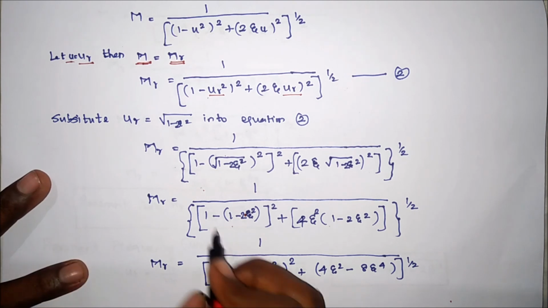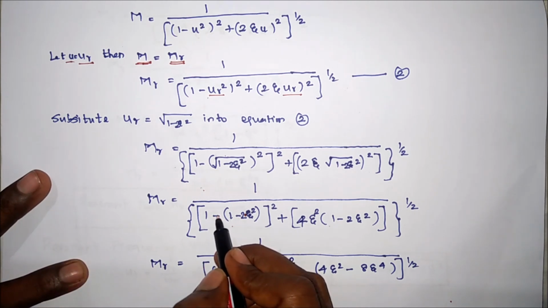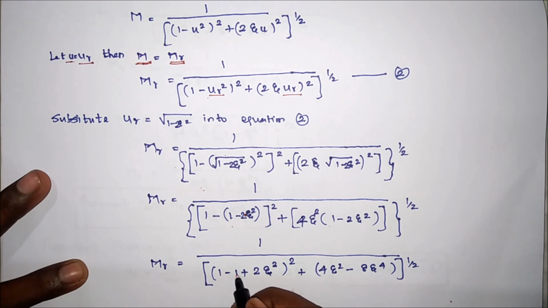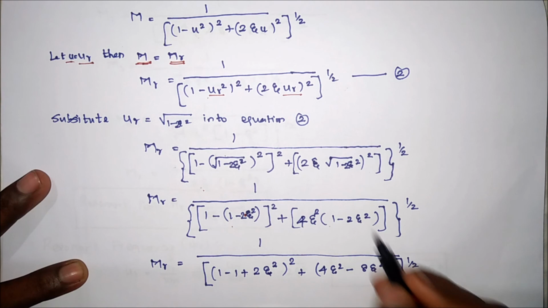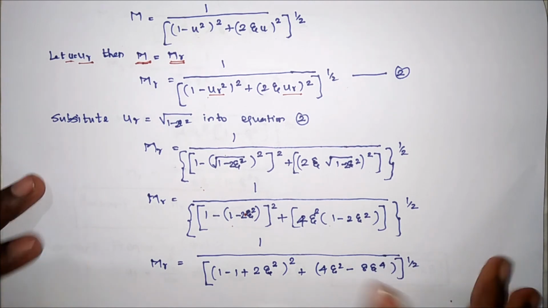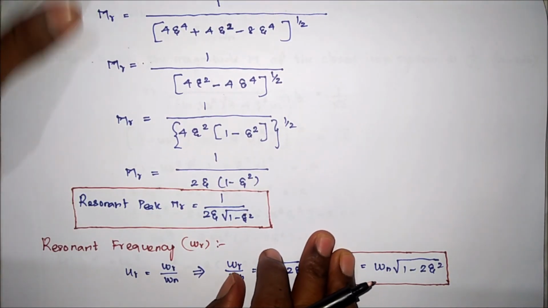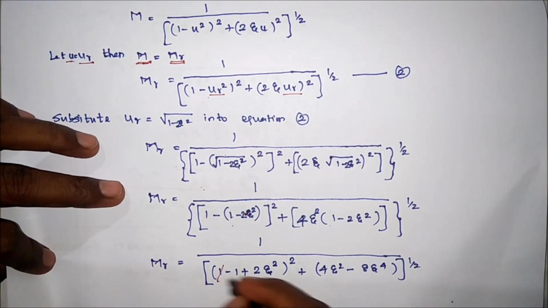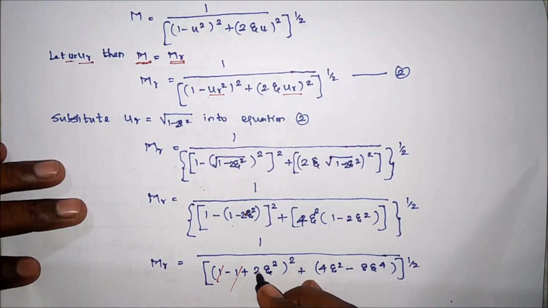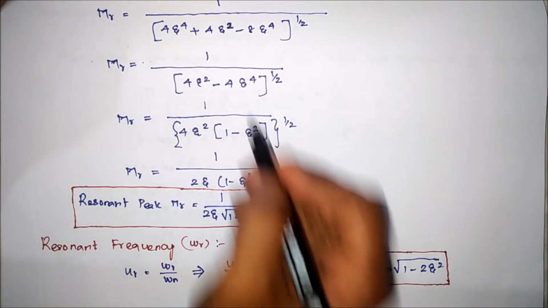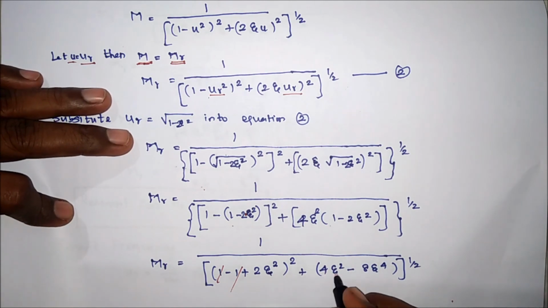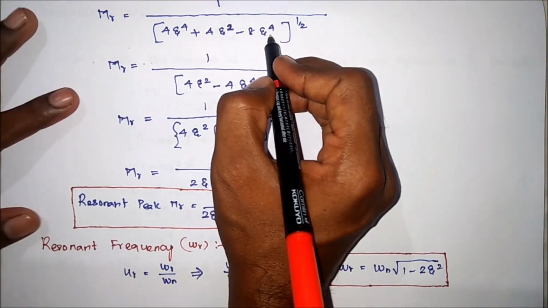So now from this what we can do, we can multiply this minus inside. So 1 minus 1 plus 2 eta square whole square plus 4 eta square. So we have to multiply inside, 4 eta square minus 4 into 2, 8 eta power 4, the whole power 1 by 2. So now after this step we see this one and this one will get cancelled. So if we square this it will become 4 eta power 4. Then we have to add with 4 eta square minus 8 eta power 4.